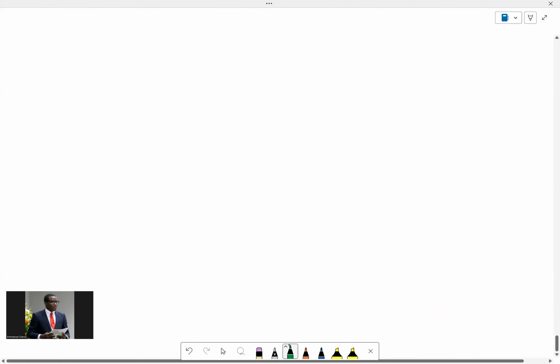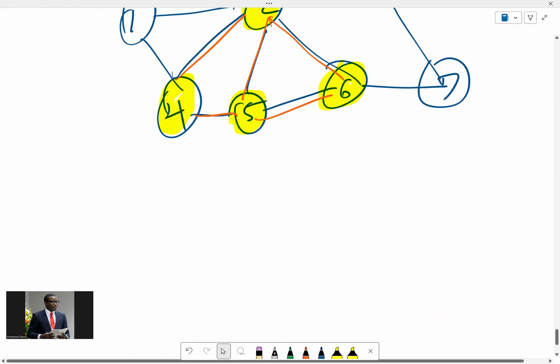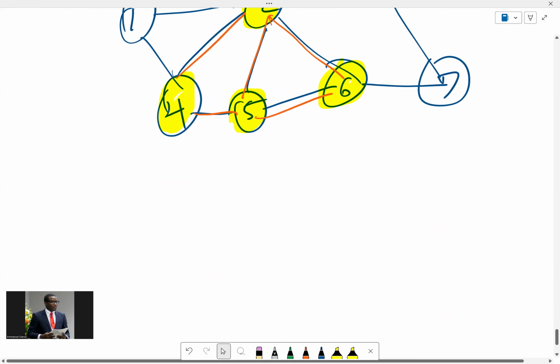Okay, so let's go for complements, which is the last part of this: subgraphs, induced subgraphs, and complements.